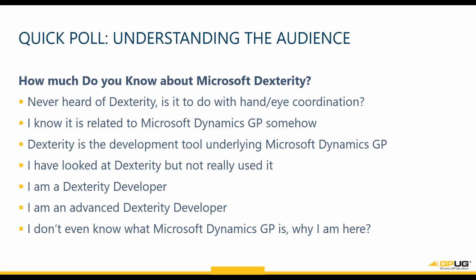Okay. Well, thank you very much. It gives me an idea then of where we're at. So we don't have that many people who have got development experience, but most of you do know where Dexterity fits into the equation.